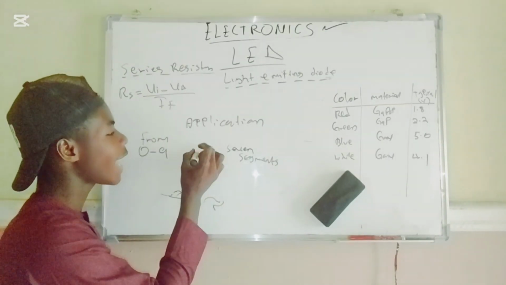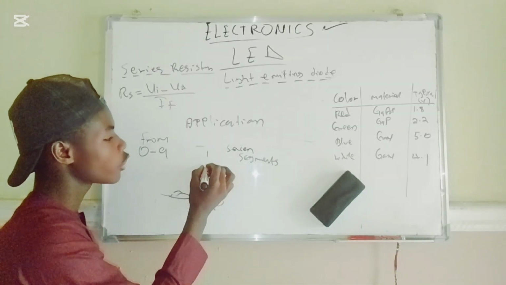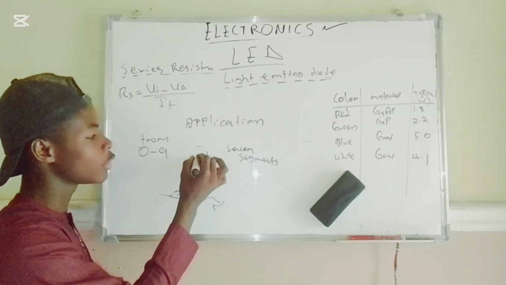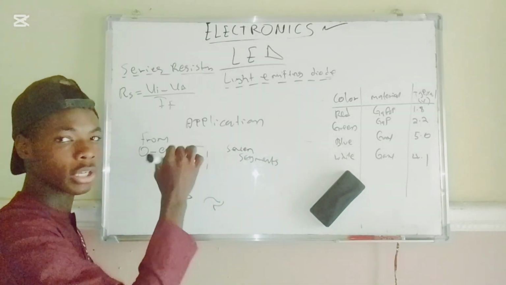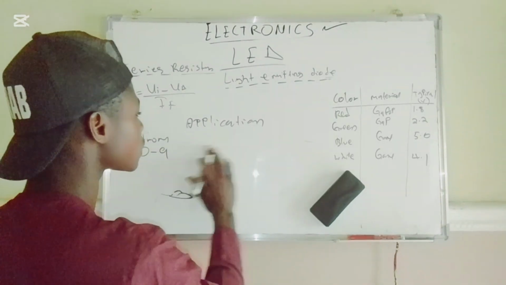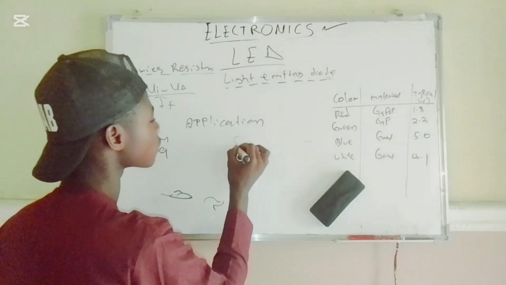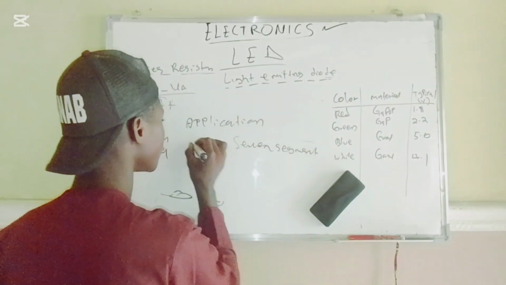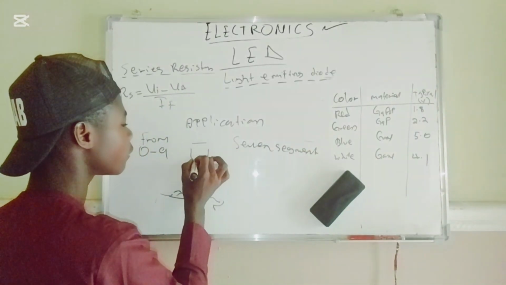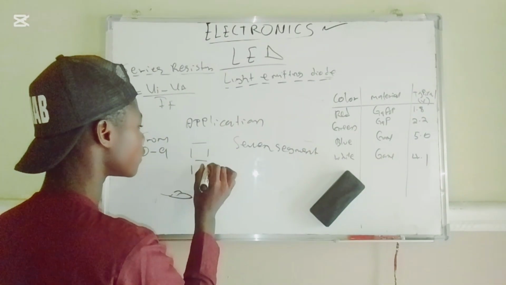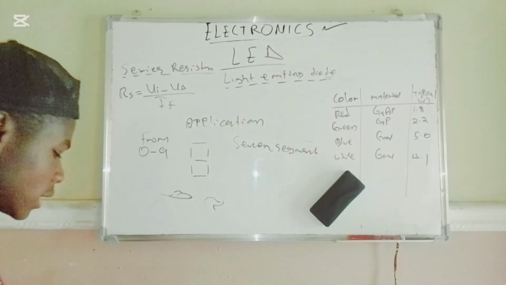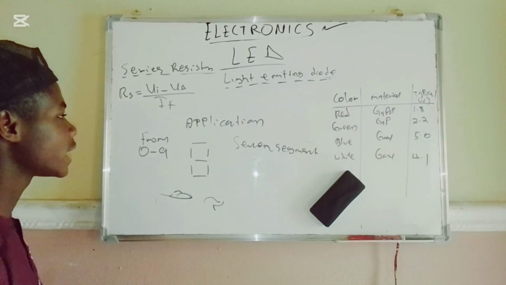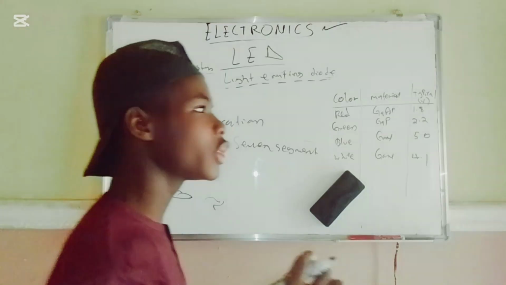Whenever I need 7, I connect this and disconnect these. So here are the 7 segments, 1, 2, 3, 4, 5, 6, 7. This 7 segment display gives us the digits from 0 to 9.